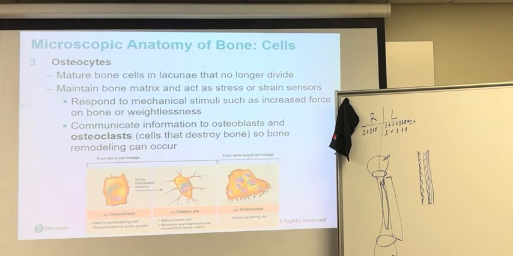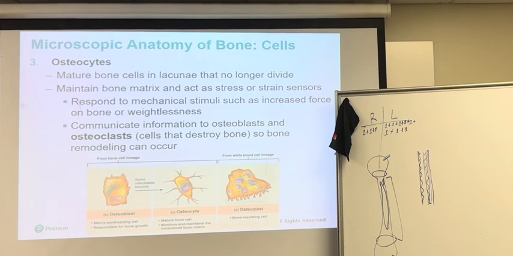So now after your osteogenic cell produce osteoblast, then osteoblast will turn into what? Osteocyte, which is the mature bone cell in the lacunae that no longer divide, maintain bone matrix and act as stress or strain sensor, respond to mechanical stimuli such as increased force on bone or weightlessness, communicate information to the osteoblast and osteoclast, so bone remodeling can occur.